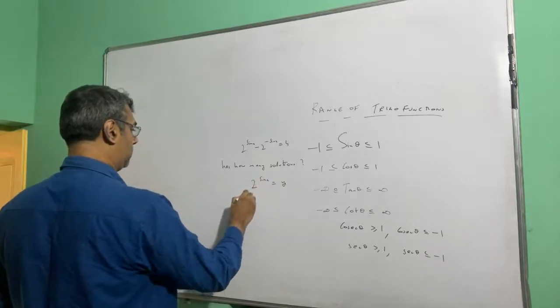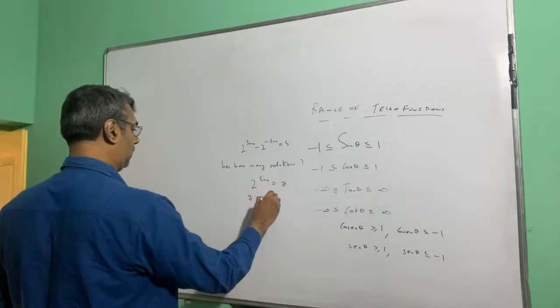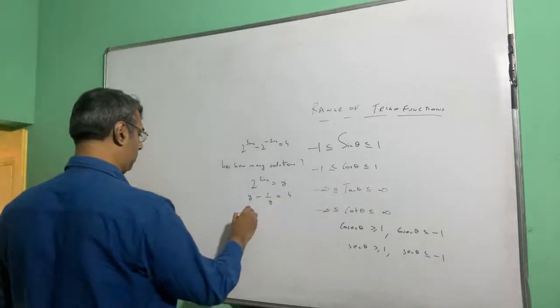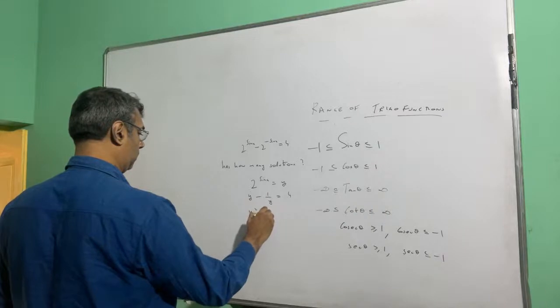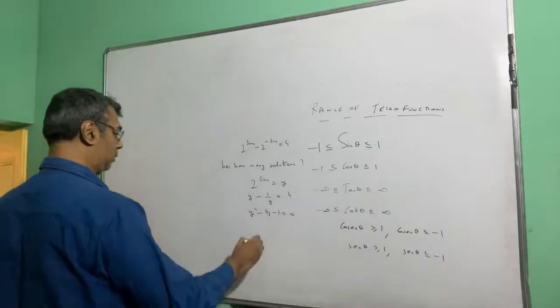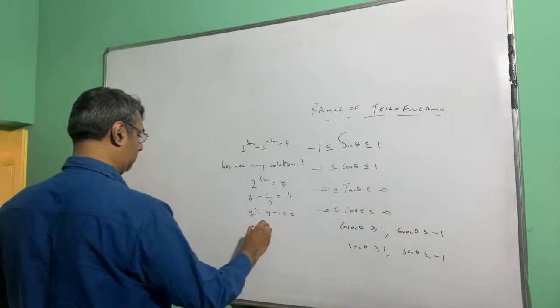So if you take 2 to the power sin x as y, then y minus 1 by y is 4. So y square minus 4y minus 1 is 0.